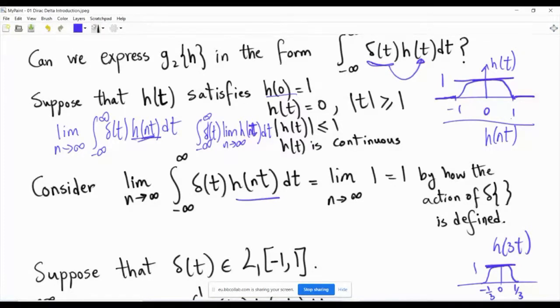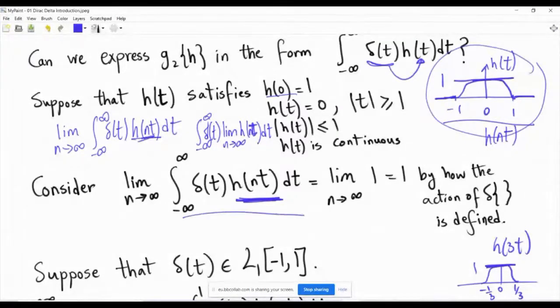Its value at the origin is 1, and it has a compact support. It is equal to 0 outside the range from -1 to 1. Now, you can work with this time-scaled version of these functions, and because n is 1, 2, 3, 4, 5, and so on, those are compressions of the function that you see here.